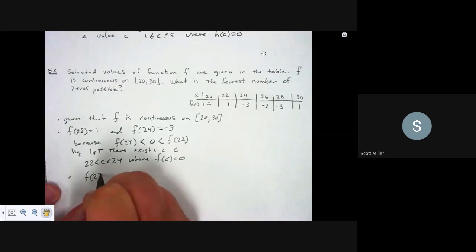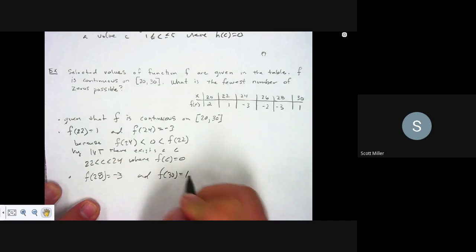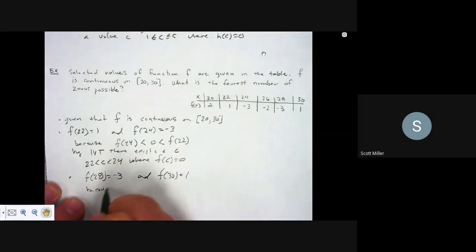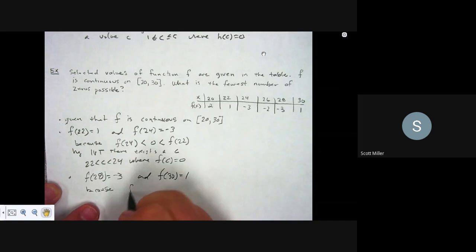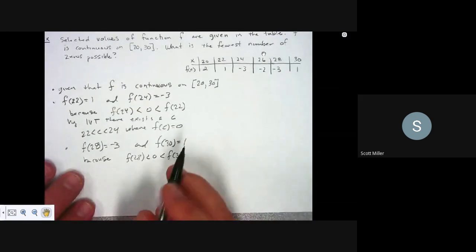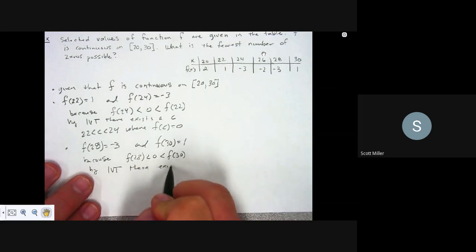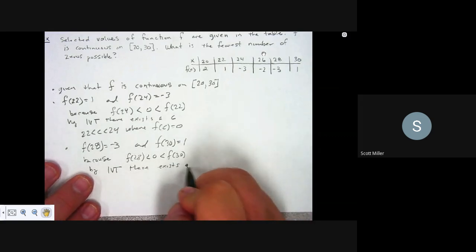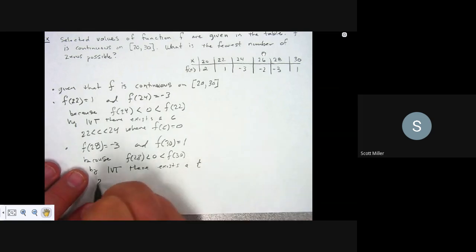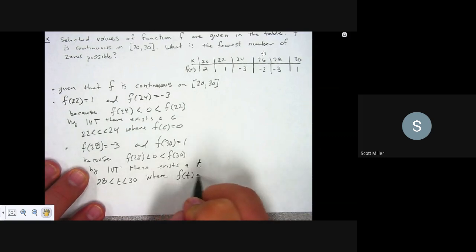So we have f of 28 is negative 3, and f of 30 equals 1. And because f of 28 is less than 0, which is less than f of 30, so there's the 0 between the two f values, y values, by the intermediate value theorem, there exists, and I'll use a different letter this time, a t that is between 28 and 30, where f of t will be equal to 0.